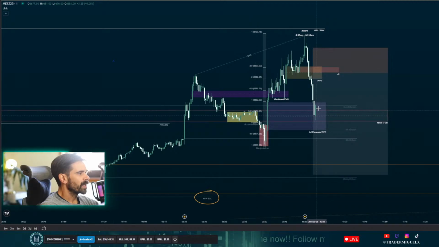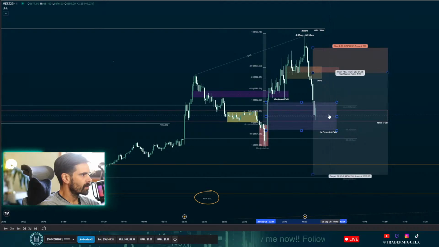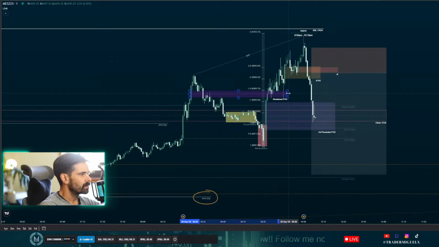So price now reacting here. Midpoint of the first presented fair value gap. Take this one out.